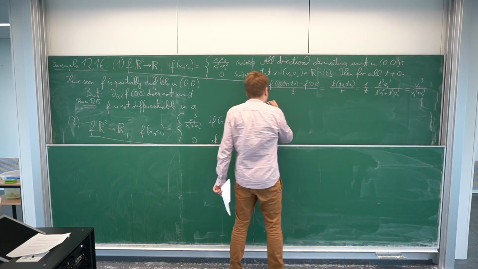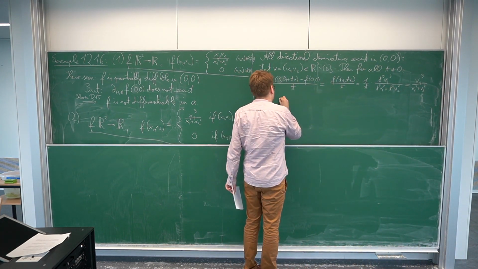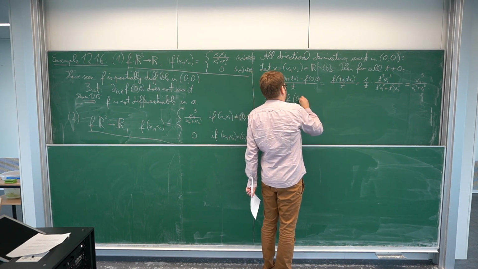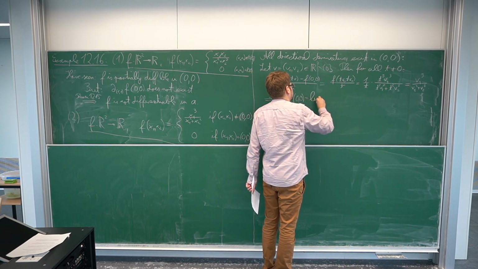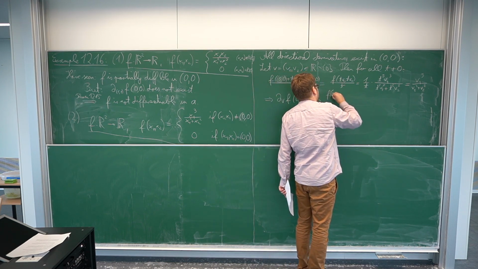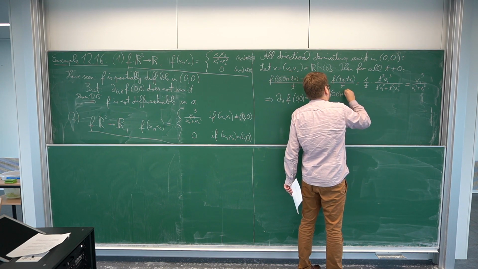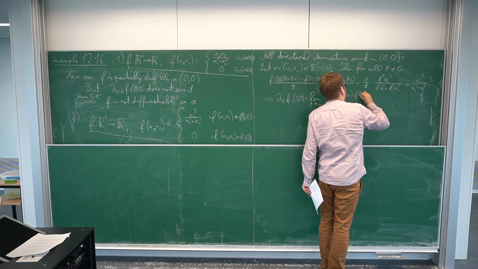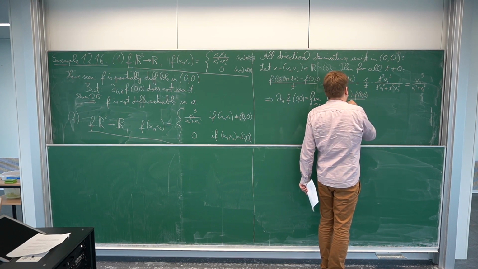So, for the directional derivative, this means we have already found our expression. So, d_v f in (0,0), this is by definition the limit as t goes to 0 of f of (0,0) plus t v minus f of (0,0) divided by t.